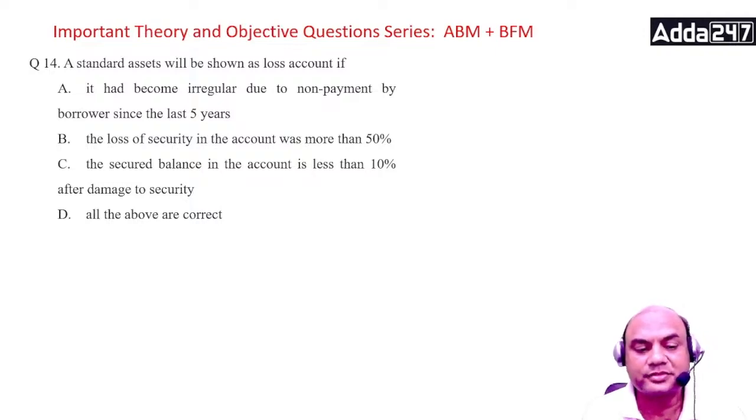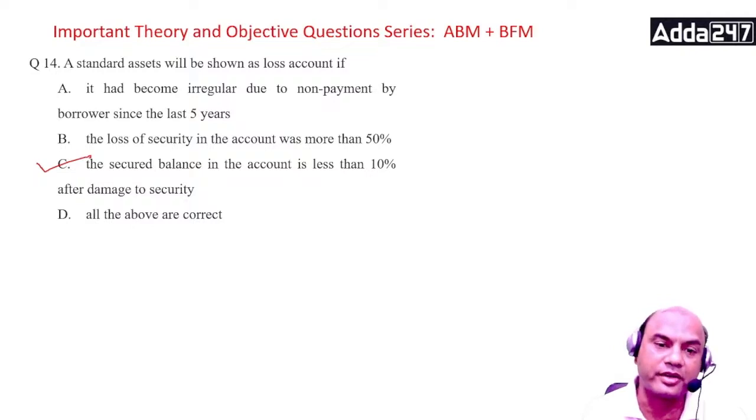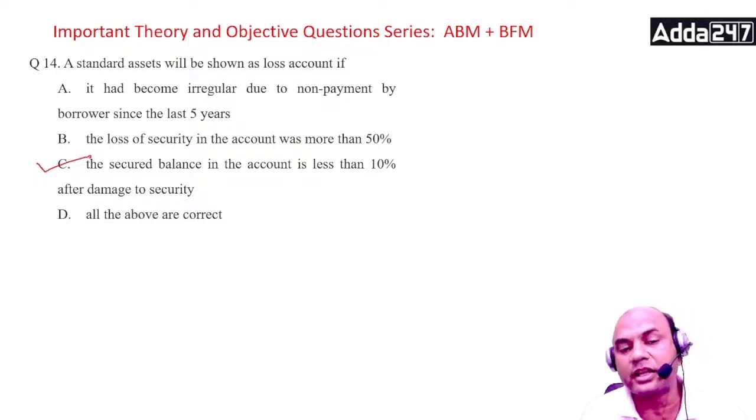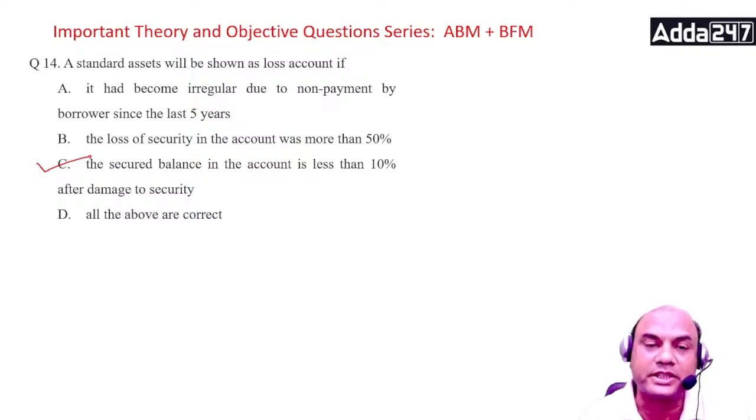The answer is C. The secured balance in the account is less than 10% after the damage of the security. This is the main criterion. The secured balance means the security against which the loan is given.